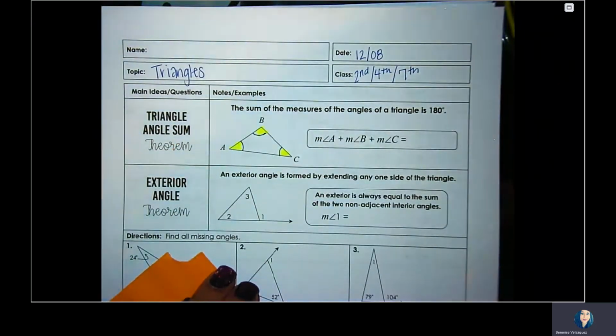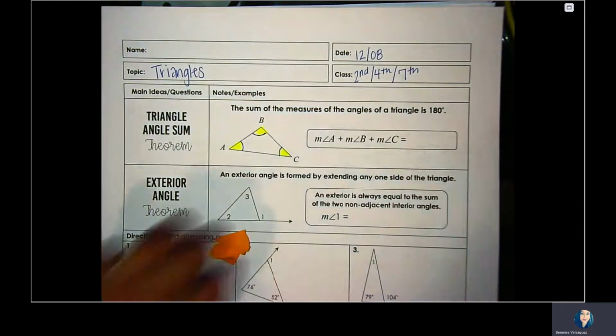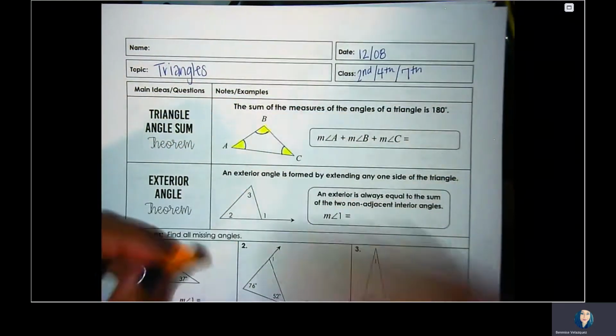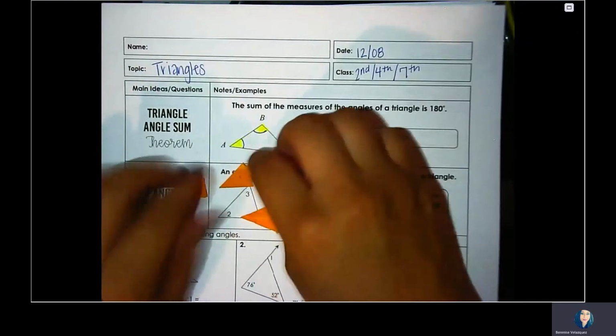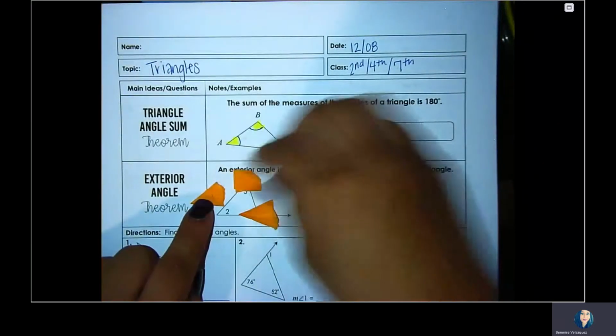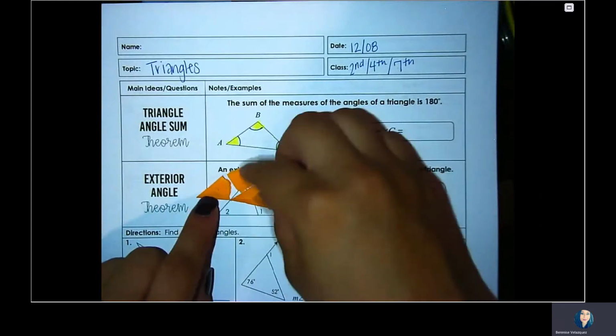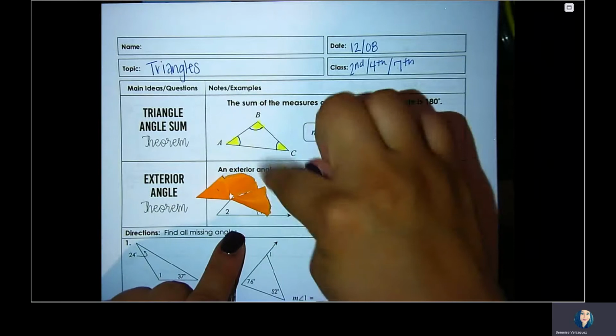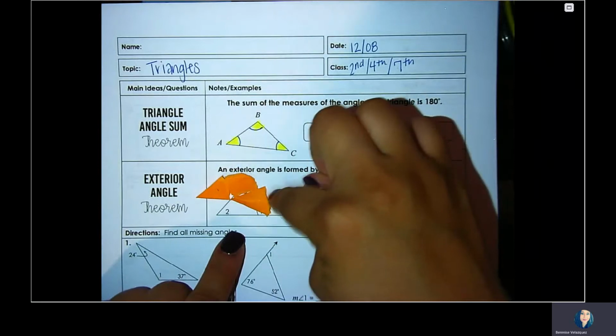And then I put the pieces back together and showed what it made, which is a certain type of angle. If we put them back together correctly, we're forming a 180-degree mark.